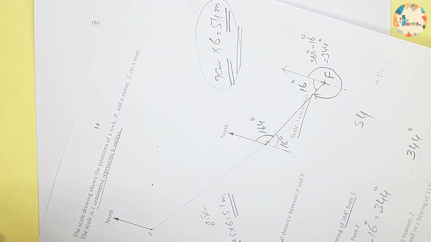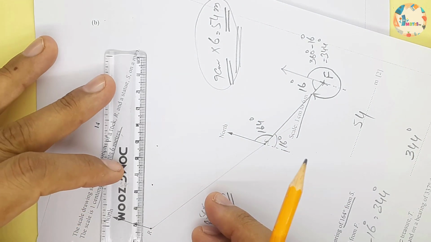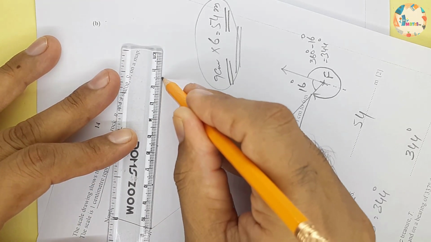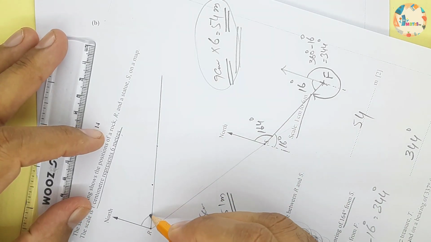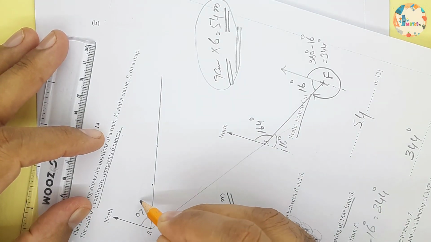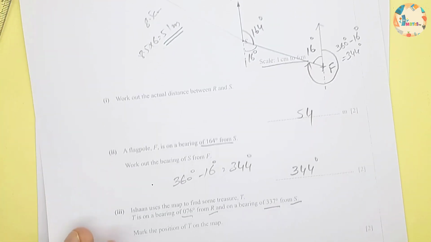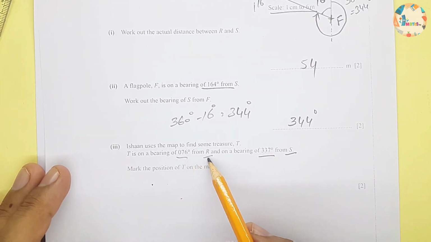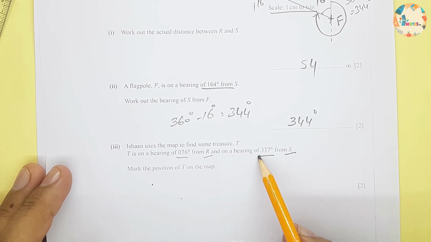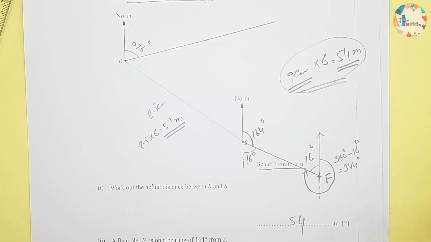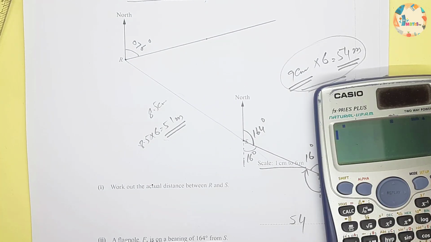Now we can extend our line like this one. So this angle will be 076 degrees. So 076 from R and on a bearing of 337 from S. So 337 will be 360 minus 337 will be 23.